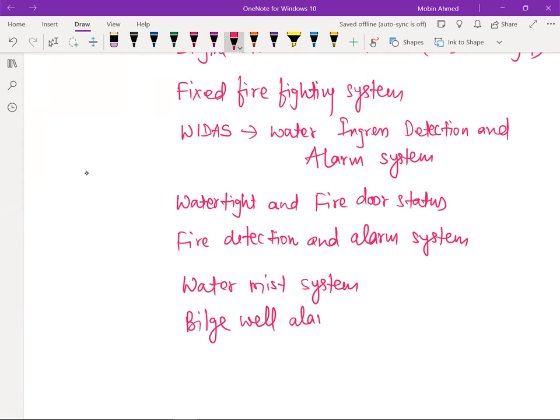Bilge well alarms. Okay, so all these alarms are going to be recorded in the VDR.